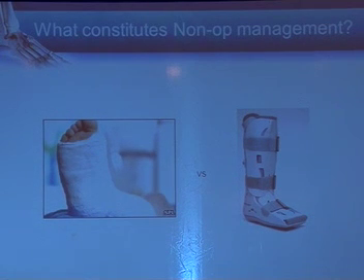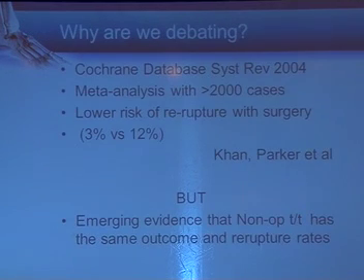You put people in an equinus cast, and then you gradually got them out of the equinus cast. In the last few years, there's been more emphasis on functional bracing or accelerated non-operative management. And if you look at the literature, there is no consensus as to which one is better.